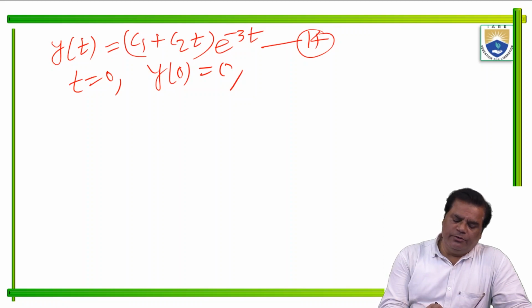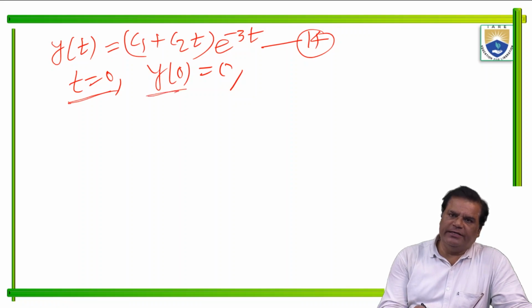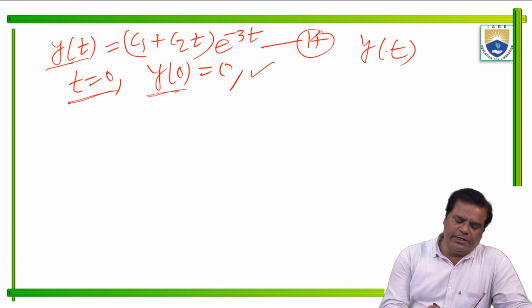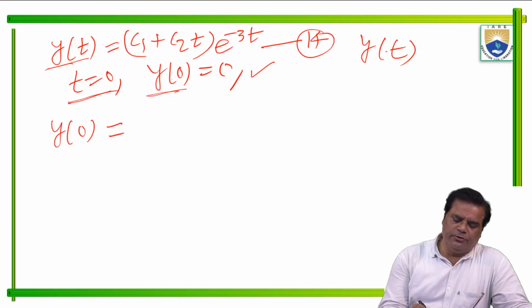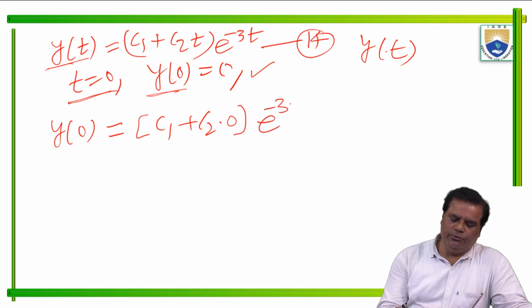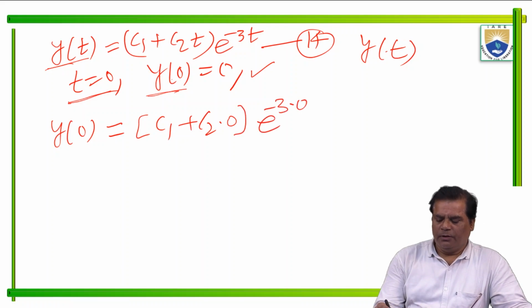t is the independent variable. If t is 0, then the function y, y is some function of t here, y(0) is given as 0. So putting here, y(0) equals (c1 plus c2 times 0) e to the power minus 3 into 0, e to the power 0, this is 1.